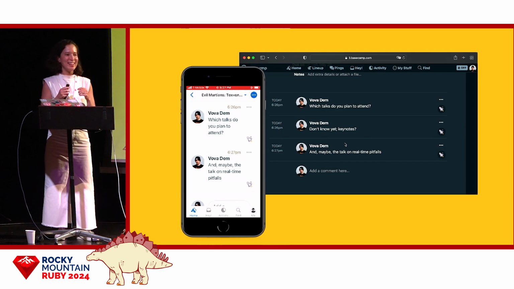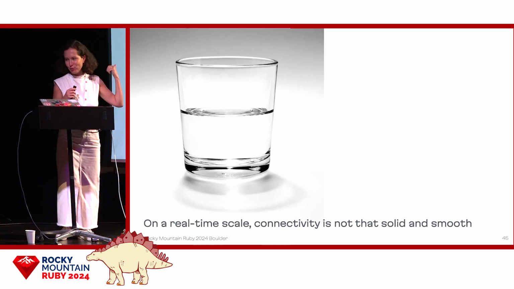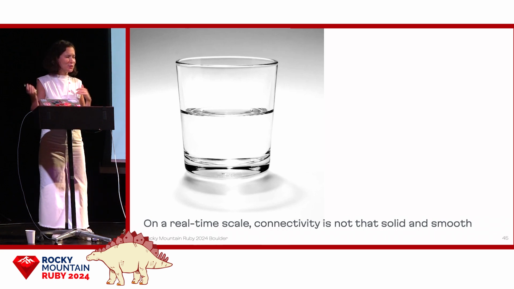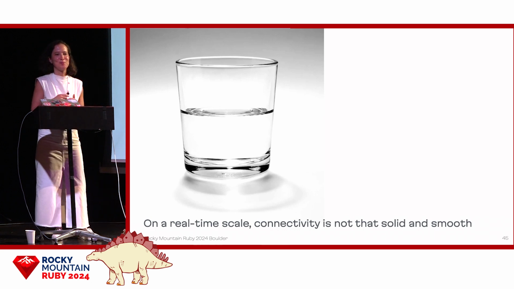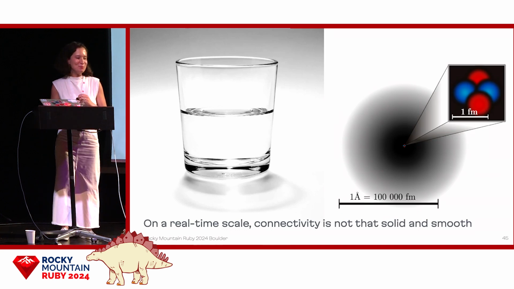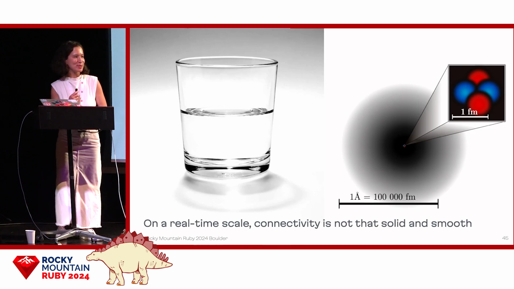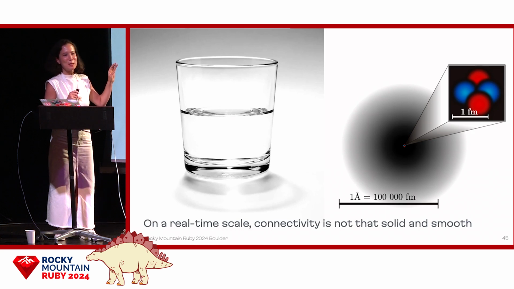Well, if you look closely enough on a real-time scale, you're actually going offline pretty frequently. This is a glass half full, right? You look at it and you think, it's so solid. Then you look closely, and it's made of emptiness. Real-time connectivity is a bit better, but it's very flaky.